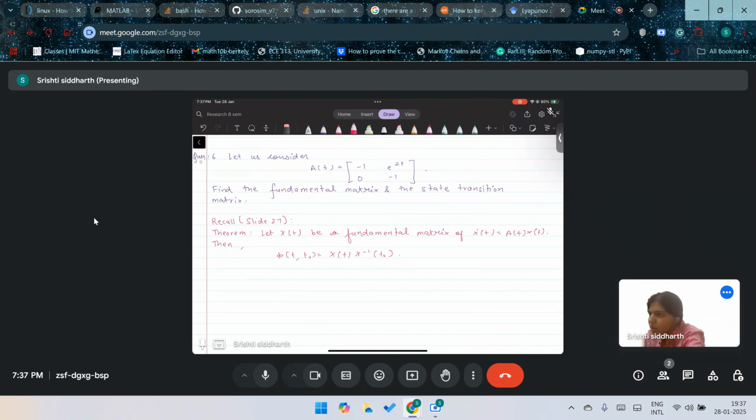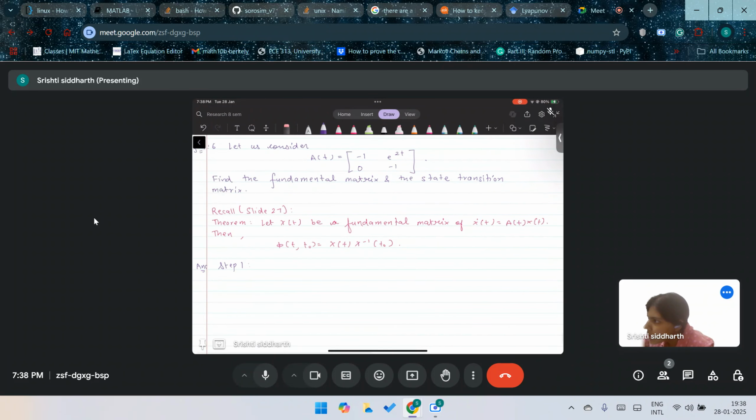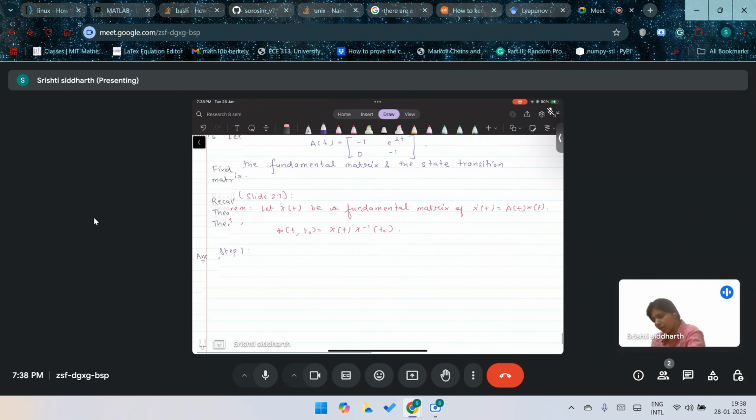So what we can do is, so let's see. So we have step 1. So let's assume some initial conditions for the system. Okay, so first let's look at the structure of the system, then we'll talk about the solution.